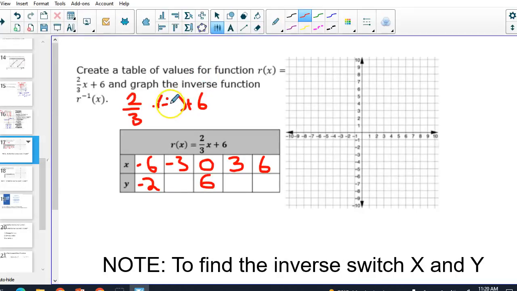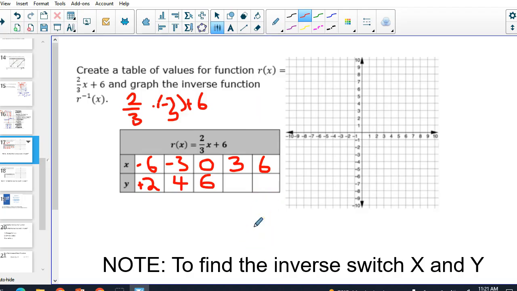Alright. Okay, so if I plug in -3, 2/3 times -3 is -6 divided by 3, which would be -2. -2 plus 6 is going to give us 4. Oh, actually this previous one here should have been a +2 as well, because -4 plus 6 would be +2.